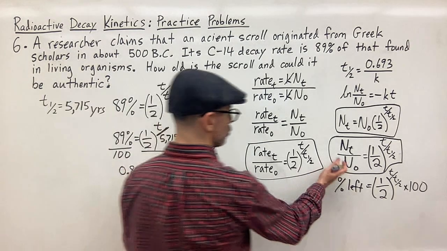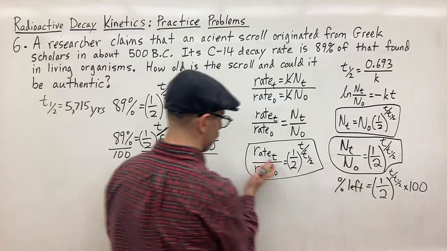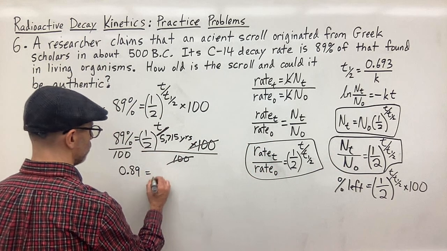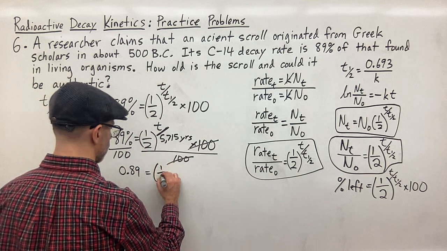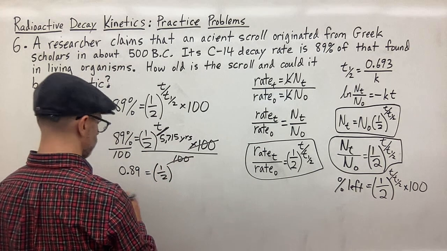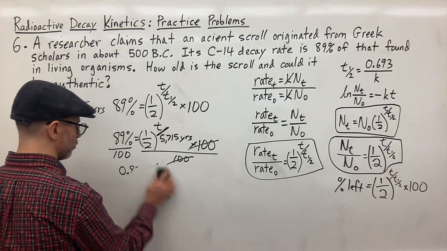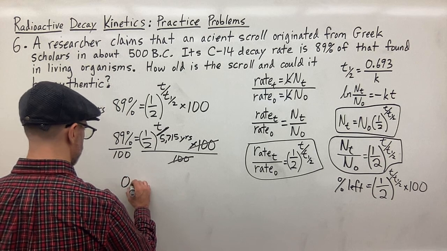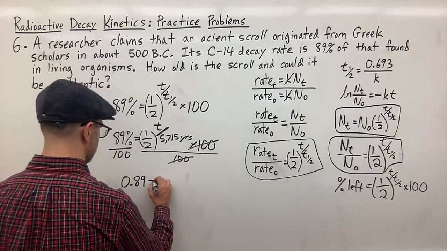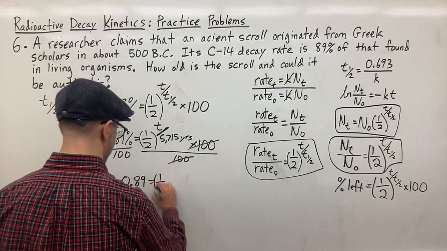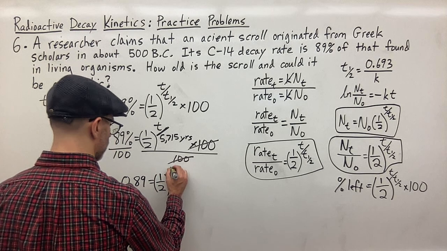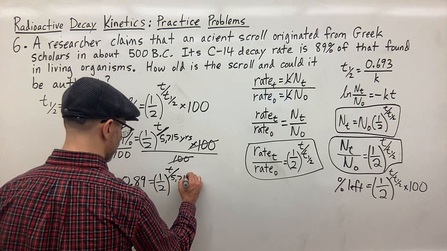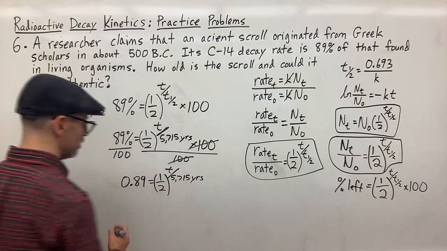Now I'm back to this fractional amount, right? So this is going to be 0.89 is equal to 1/2 raised to the power of t over 5,715 years.